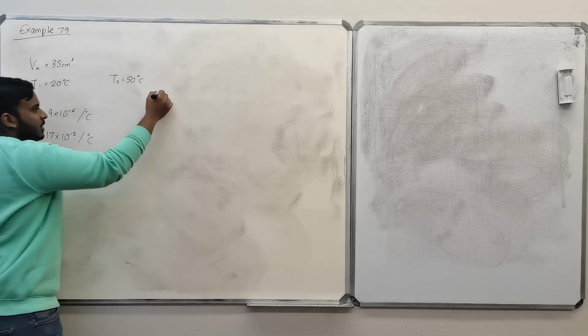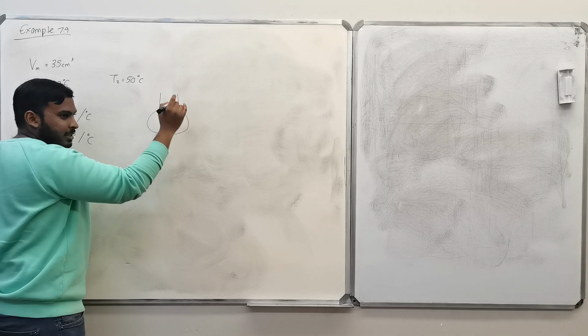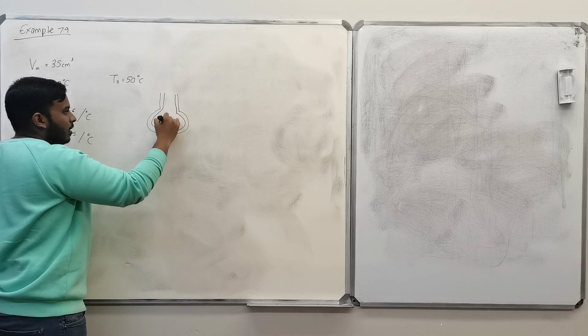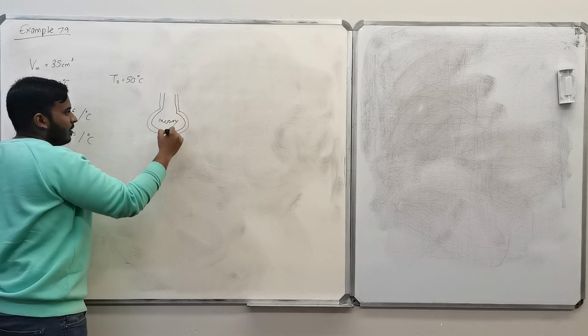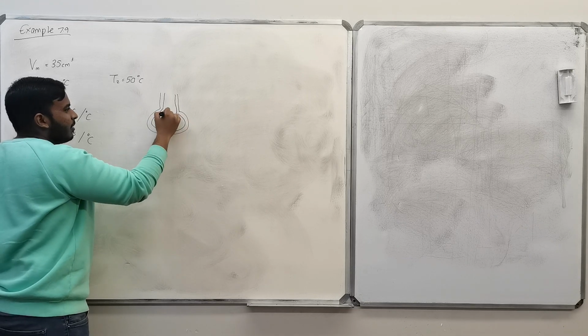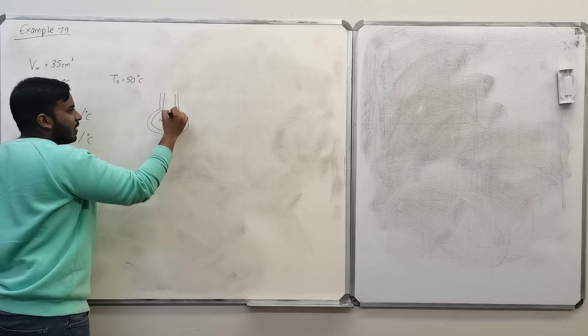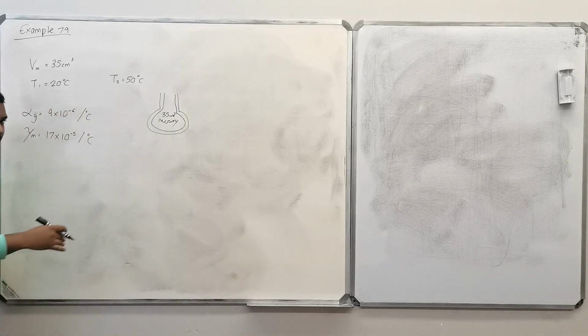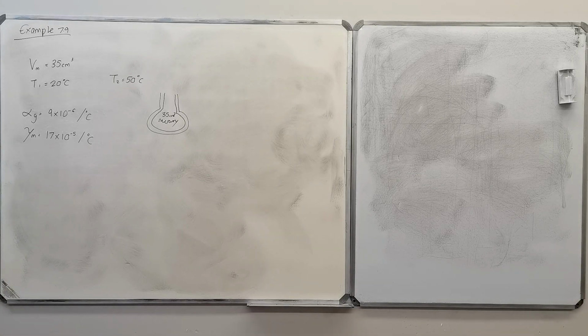Just say this is it. That's your glass, and inside here is your mercury, horrible writing, but this is 35 cm³. It's full inside. Now what's going to happen when heat is added? This glass is going to expand, and the mercury inside is going to rise. But they're not going to expand and rise by the same amount.